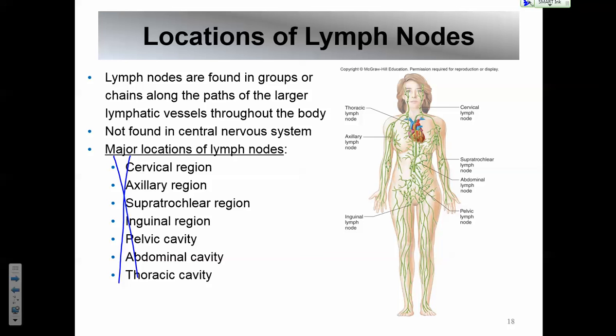Sometimes, let's say if somebody has cancer and they're having surgery to remove the tumor, they're also removing some of the lymph nodes that are close to the tumor. Like if a woman has breast cancer, they might even remove some of the axillary lymph nodes, because one of the characteristics of cancer cells is diapedesis.